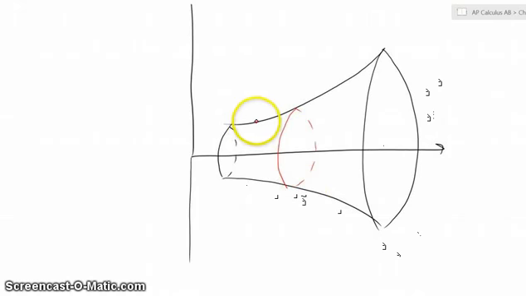And so we could use the same argument as before to construct this shape.